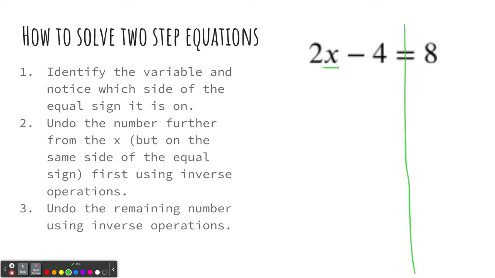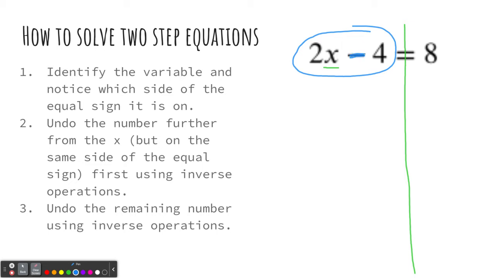Step 2, undo the number further from the x, but on the same side of the equal sign. So we're only looking at this left side. I need to undo the number that is further away from x. 2 and x are touching, so I am going to undo the minus 4 first.